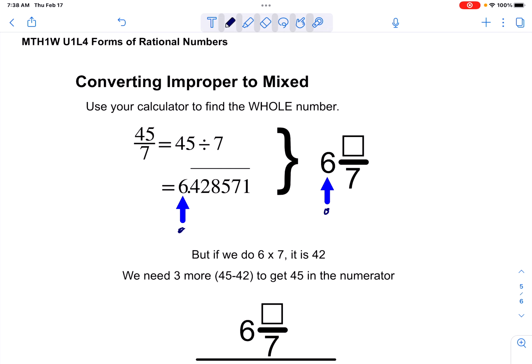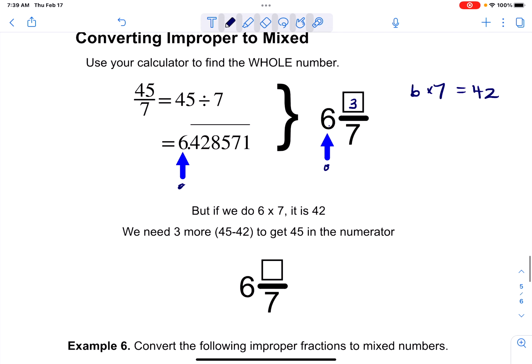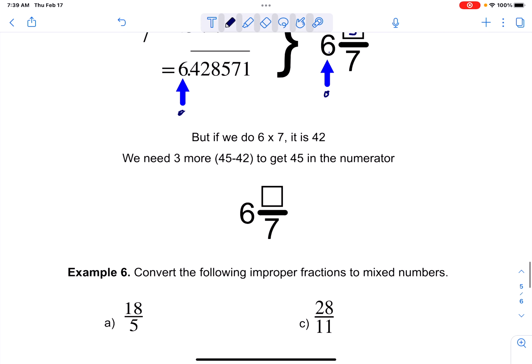Well, 6 times 7 plus this has to give us 45. 6 times 7 is 42, so to get to 45, I need 3 more. Basically we did 45 take away 42 to figure out that we need to put a 3 in there. And you're going to do that every time.